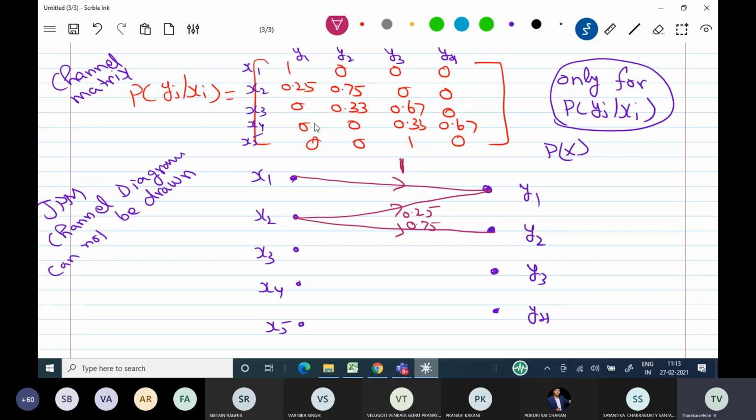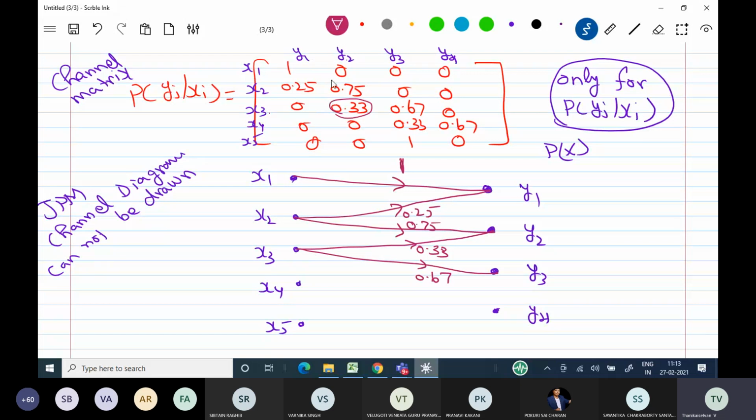Now you see x3. What is this? 0.33 is the conditional probability of y2 given x3. So y2 and x3 are connected. Next, y3 and x3 are connected, and the corresponding conditional probability is 0.67.